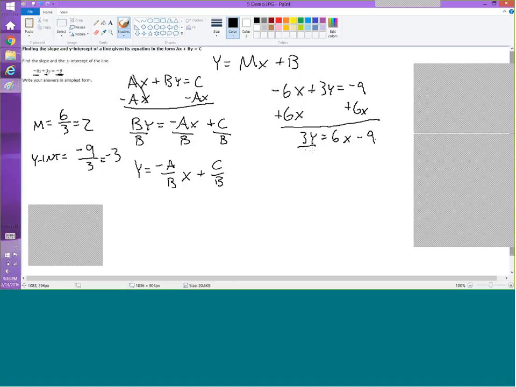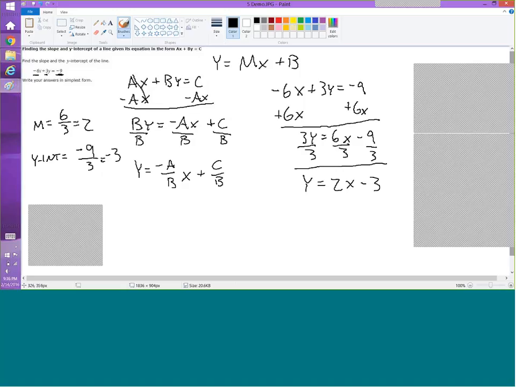And I'm going to divide everything by 3 to get the y completely by itself. So I have y equals 6 divided by 3 is going to be 2x. -9 divided by 3 is -3. Again, my slope is the 2 that's being multiplied times x, same 2 that we got over here. And my y-intercept is going to be this -3, which is the same -3 that we got over here.